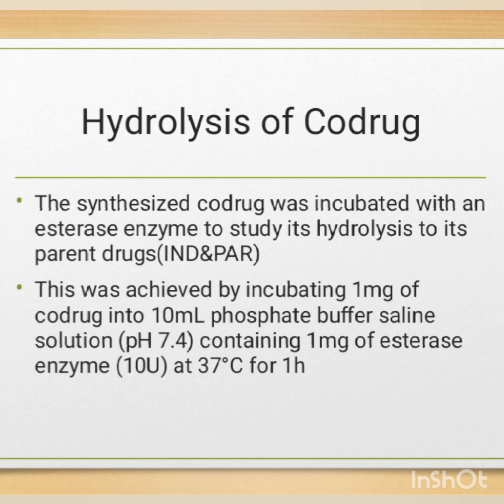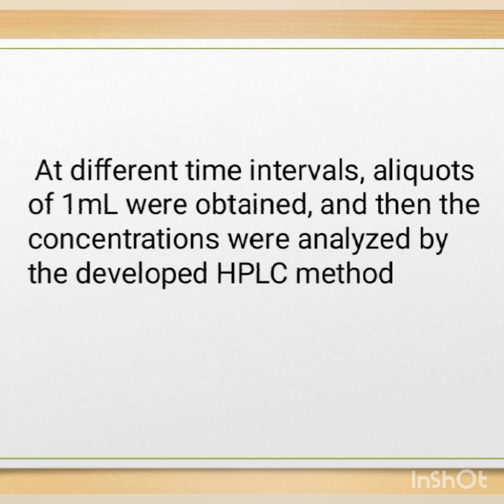This was achieved by incubating 1 mg of core drug in 10 ml phosphate buffer saline solution which has pH 7.4 and contains 1 mg of esterase enzyme at 37 degrees Celsius for 1 hour. At different time intervals, aliquots of 1 milliliter were obtained and then the concentrations were analyzed by the developed HPLC method.